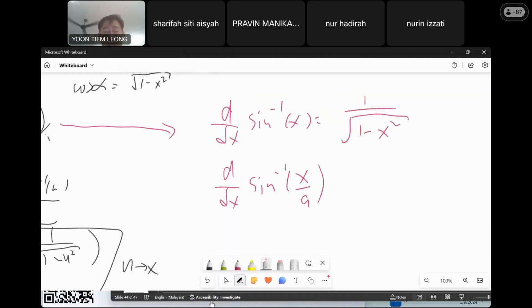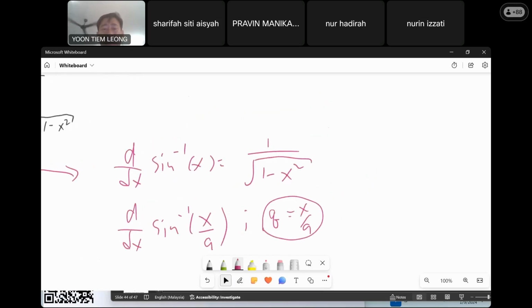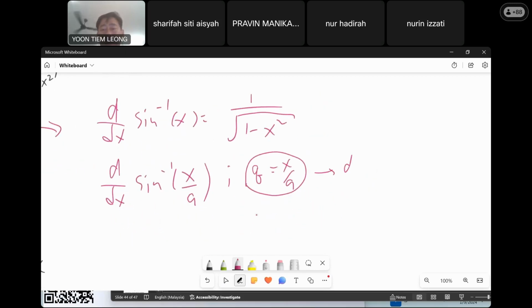We begin by asking the question of what is the derivative of arc sine of x over a. So to do this, we can use a very simple replacement, say q equals x over a. So you make this very simple substitution. Then from here, you get dq dx, which is just 1 over a.